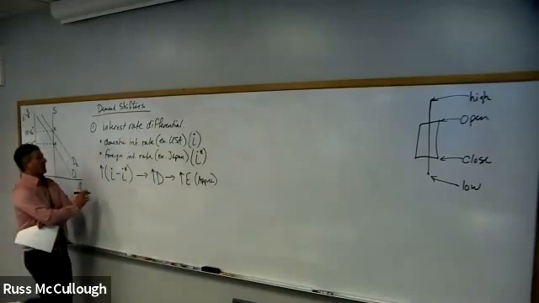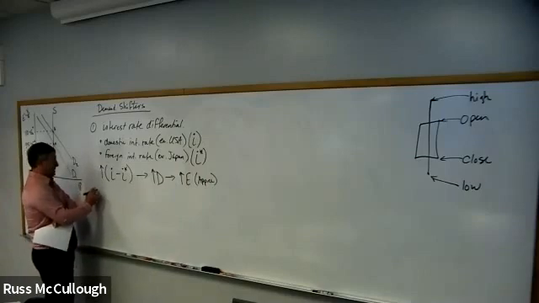Now I'm going to put that into words so that as you see some of this in problems or the textbook, we can think about it a little bit differently.